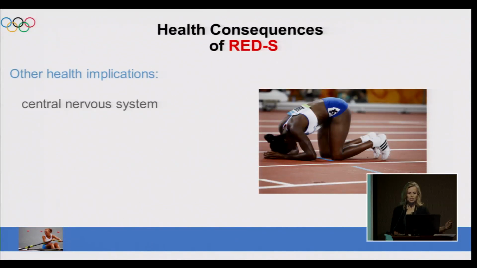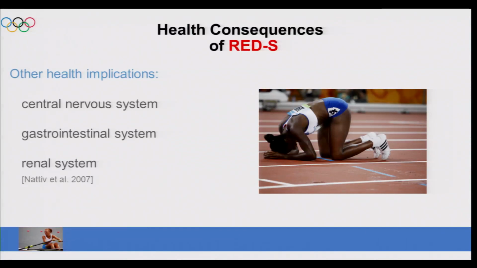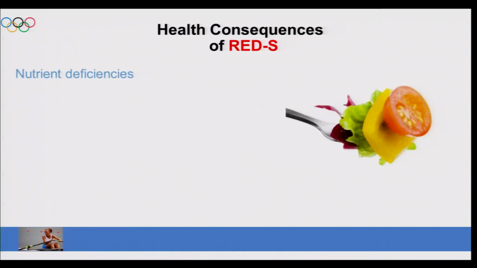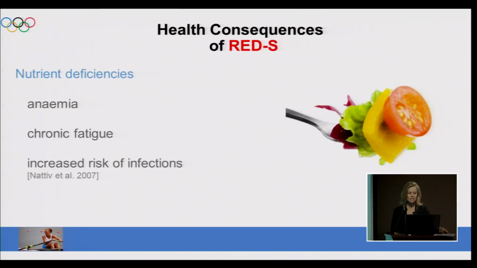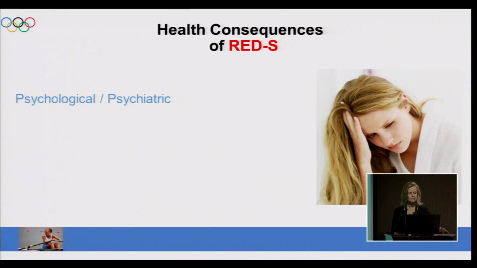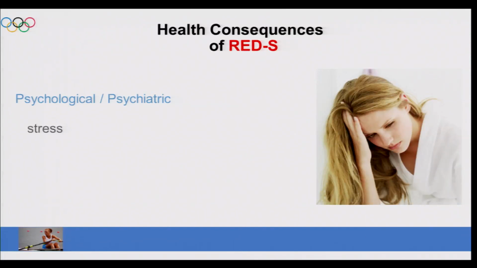Other health implications are in the central nervous system, GI, renal system, and also for those athletes that are energy deficient because of restriction in dietary intake, there can be nutrient deficiencies, fatigue, and then the increased risk of infections relative to the nutrient deficiencies. The psychological and psychiatric changes that we see are stress, depression, disordered eating, and eating disorders.